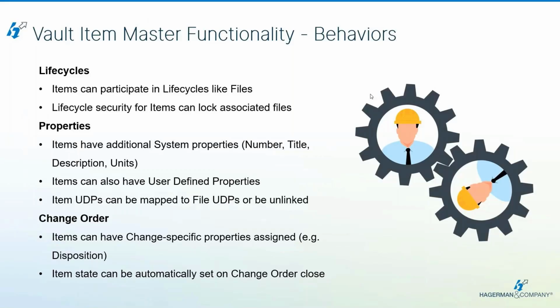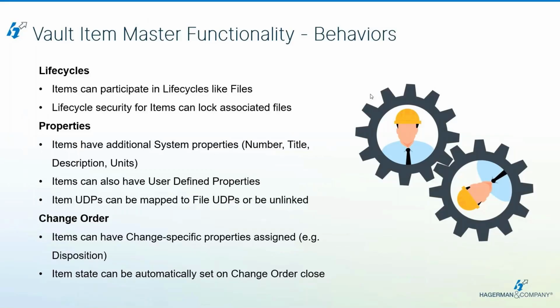And file items can lock the files that they are linked to, depending on the link type. So the primary linked file, say the CAD file that is related to the item, can become locked for edit so people can't check it out when the item becomes locked. So it's a way for you to control access to the files.